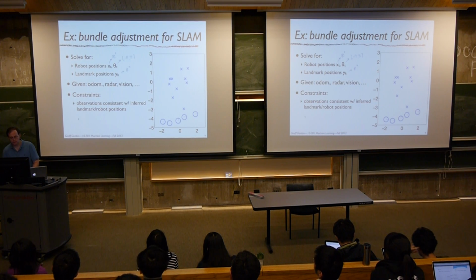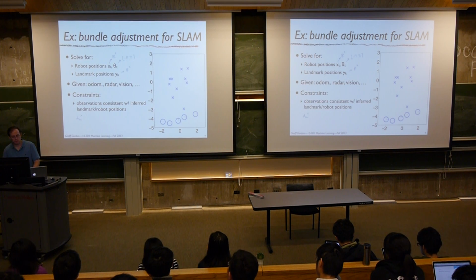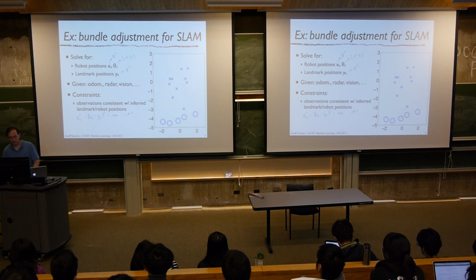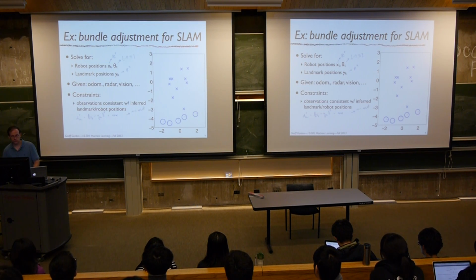So an example would be if you measured at time step t, the distance to landmark k was dtk, you might put in a constraint that said dtk squared is equal to the robot position xt minus the landmark position yk, norm squared, plus some noise. And then we put min noise squared into the objective.